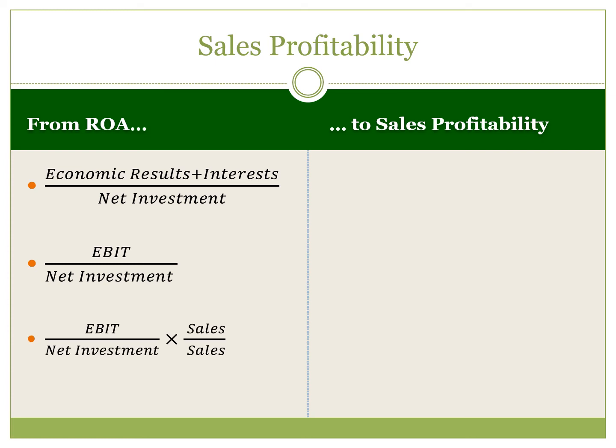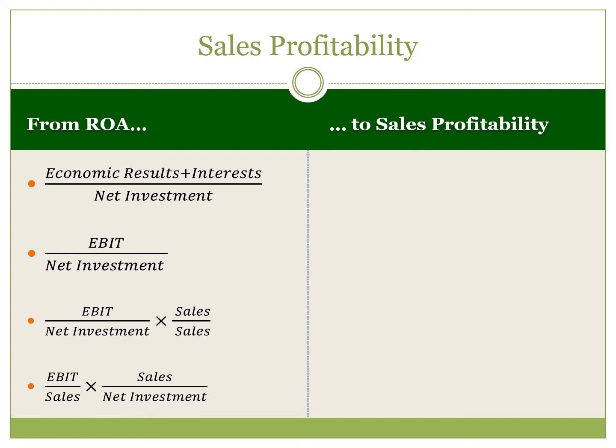So the first step to go from the return on assets to sales profitability will be multiplying and dividing by sales. Remember, when you multiply and divide by the same thing, the formula does not change. Next step is exchanging denominators. So what we're doing is taking the denominator from one fraction and moving it to the denominator of the other one.